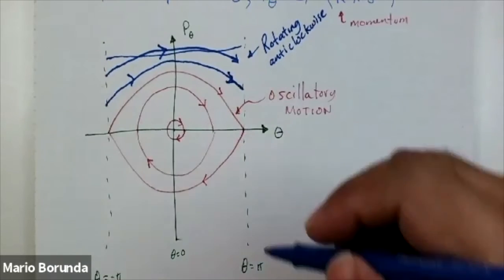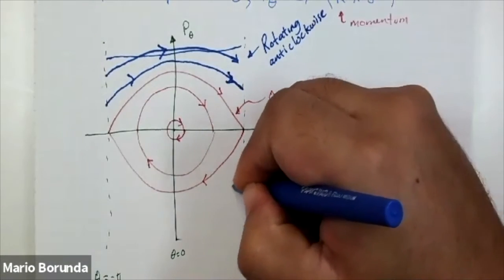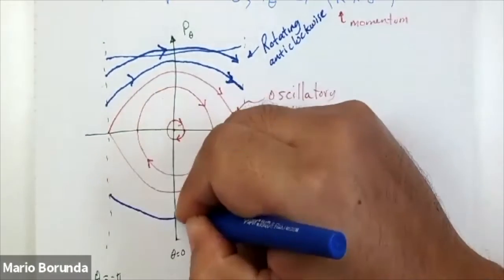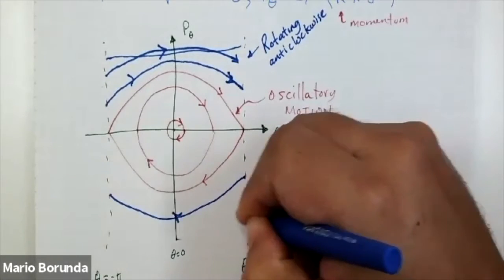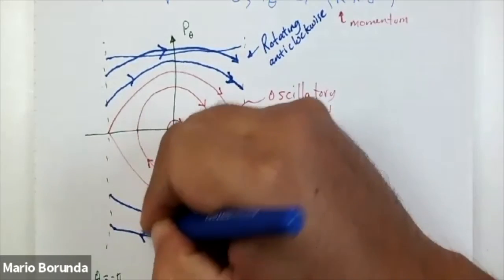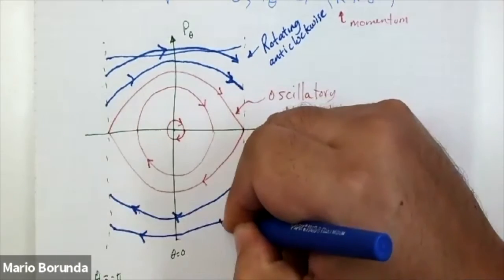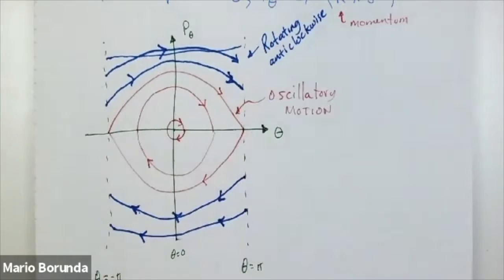And we have the ones on the bottom that correspond to this one, and they're supposed to be symmetric, okay? And this one, right? In that direction. And those two is rotating clockwise.